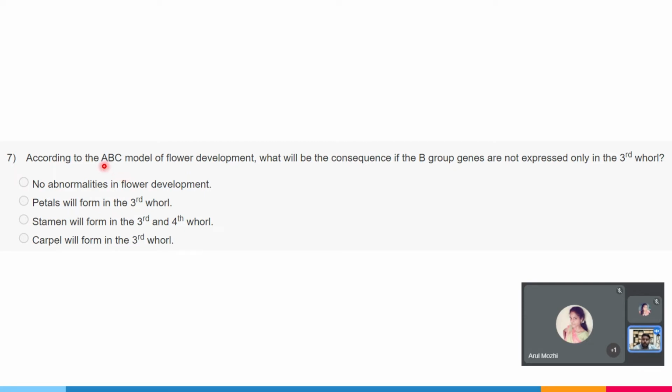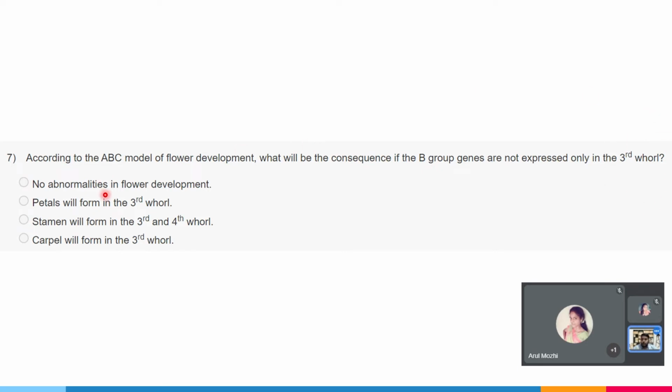So the question is, according to the ABC model of flower development, what will be the consequence if the B group genes are not expressed only in the third whorl? There are four whorls, corresponding to the sepal, petal, stamen, and carpel. And if the B group genes are not expressed, what happens to the third whorl?